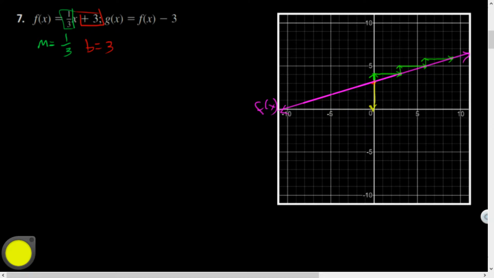So I would move every point down 3 units. Every point down 3 units, even the decimal and fractional ones. And I can get a new line that way. So g of x is going to be a vertical shift.